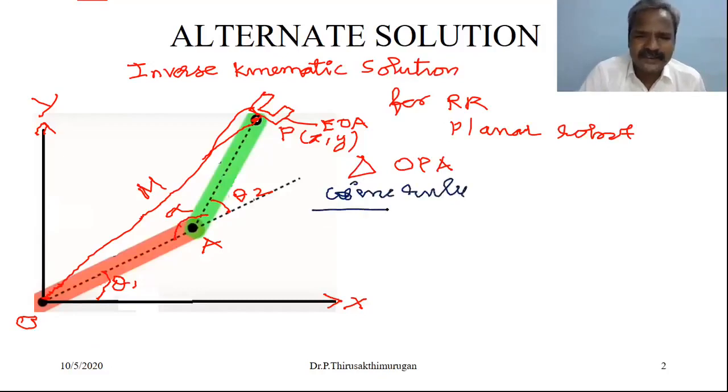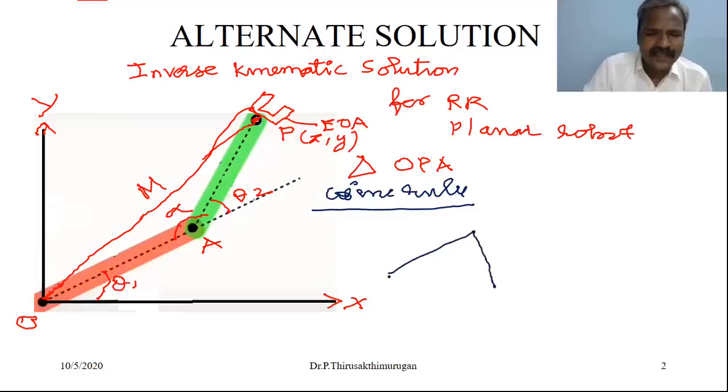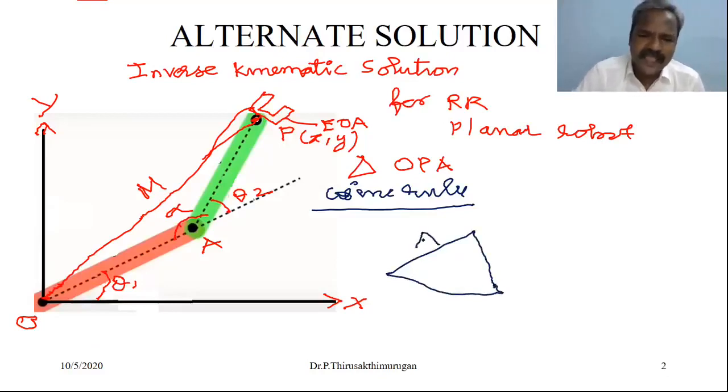It was studied even in 9th, 10th standard syllabus. If we consider a triangle of three sides, say this side is A, this side is B, this side is C, the angle opposite to A is small a, the angle opposite to B is small b, the angle opposite to C is small c.